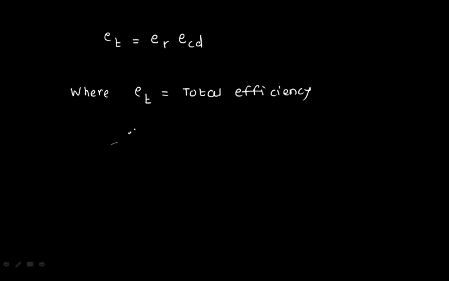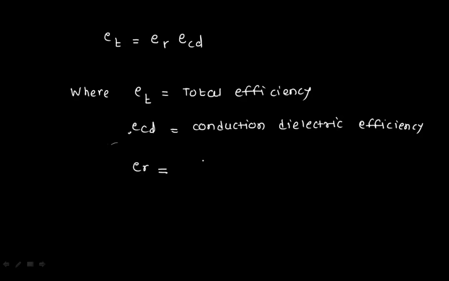ECD here is the conduction dielectric efficiency, and the next term is ER, which I have not explained. ER is the reflection efficiency. Your reflection coefficient is very important. How do you calculate the reflection efficiency? It is equal to 1 minus mod of rho square.